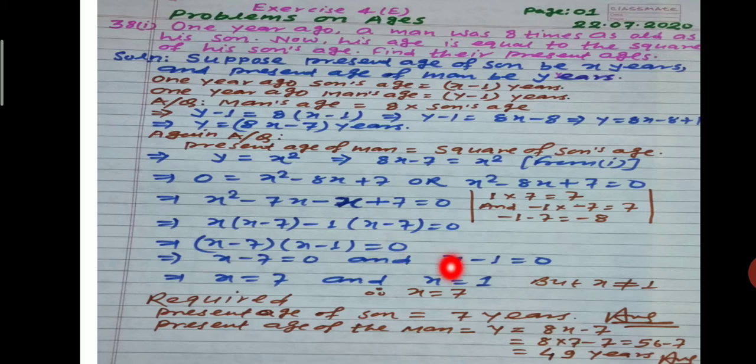Then x will be equal to 7 here. Then the required age of the son will be x years, that is 7 years, and the age of the man will be equal to y, that is 8x minus 7, that is 8 into 7 minus 7, that is 56 minus 7, that is 49 years. Hence the age of the son is 7 years and the age of the man will be 49 years. Okay.